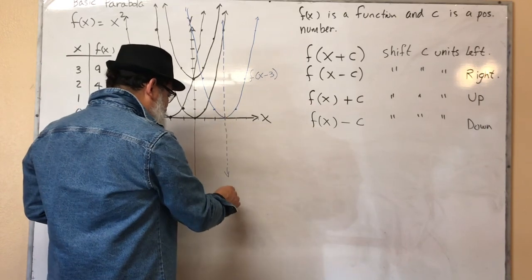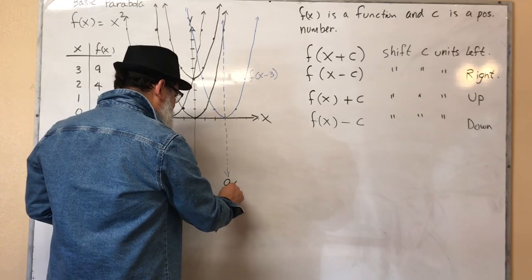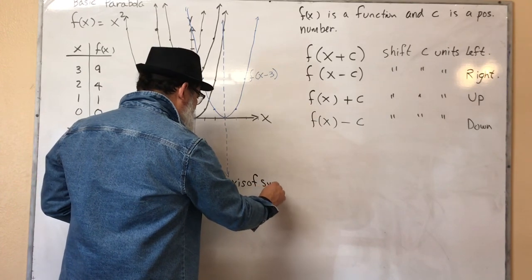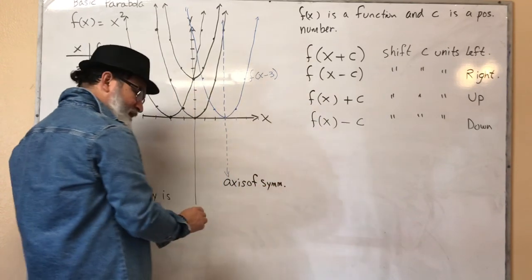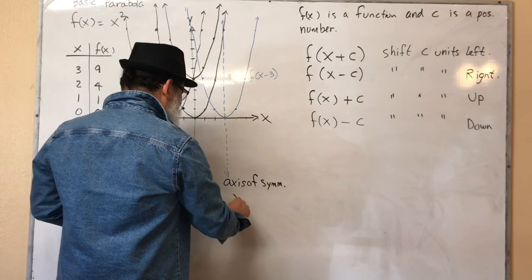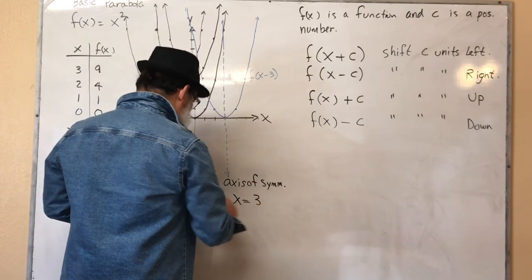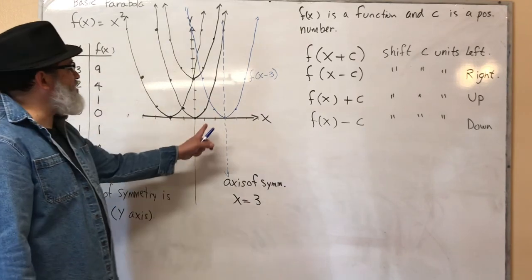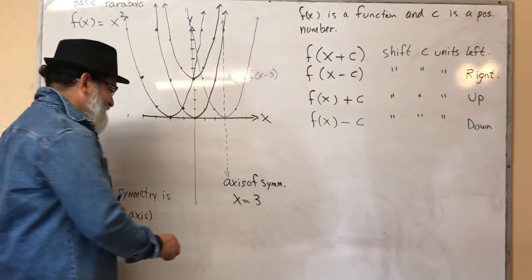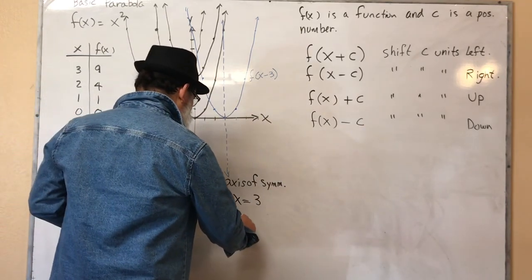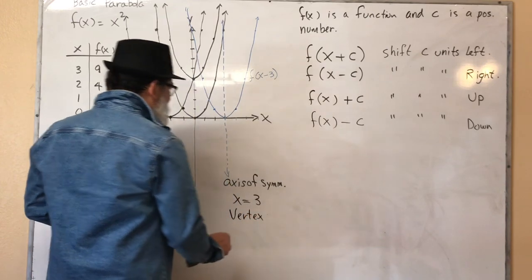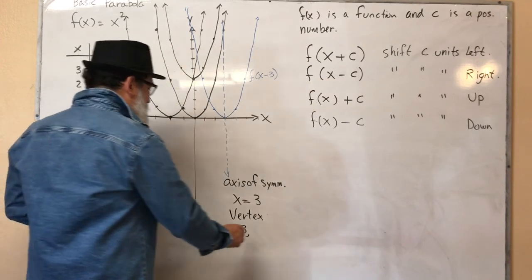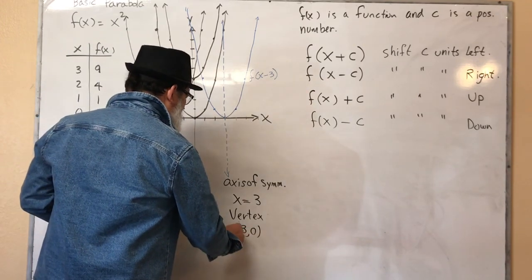The axis of symmetry is x equals 3. The vertex is where? The vertex is at x equals 3, y equals 0.